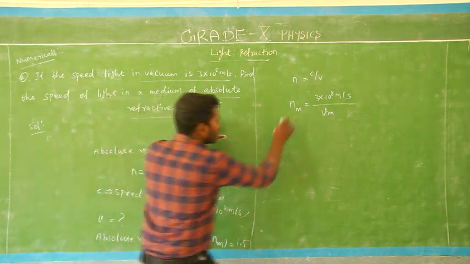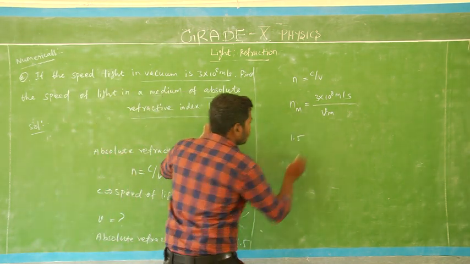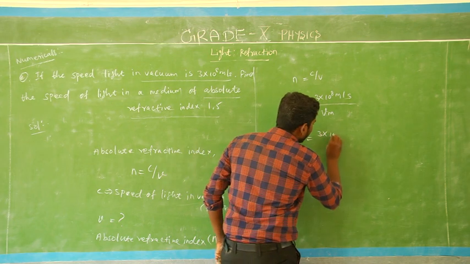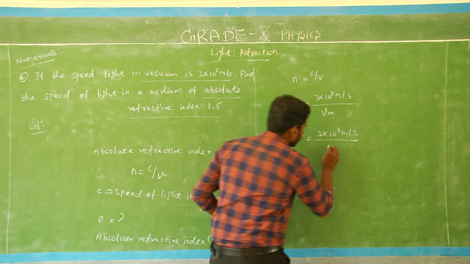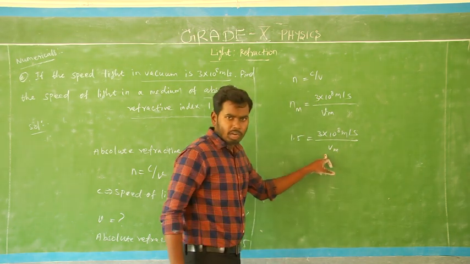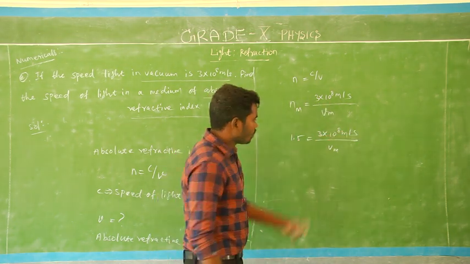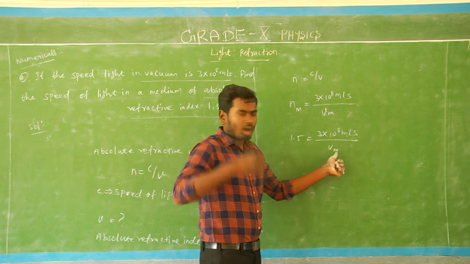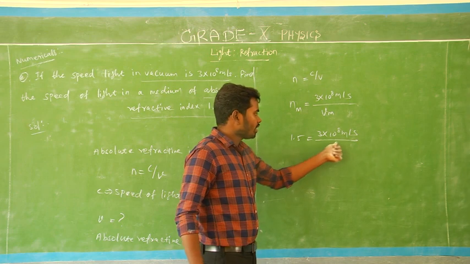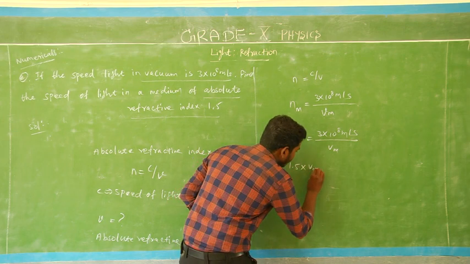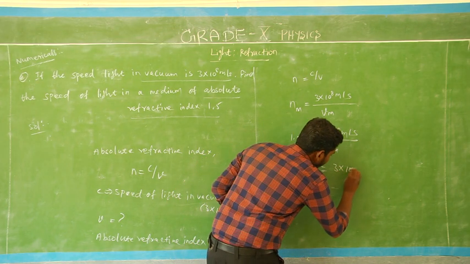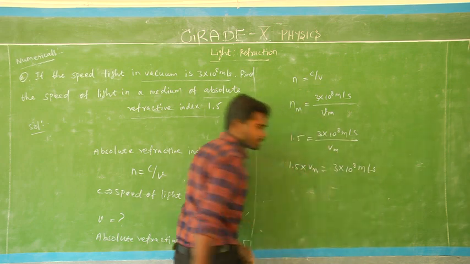So 1.5 is equal to 3 into 10 to the power of 8 meter per second divided by Vm. What is Vm? Speed of light in that particular medium. We know this value; we need to calculate this value. When this division moves across, it becomes multiplication. So 1.5 into Vm is equal to 3 into 10 to the power of 8 meter per second.